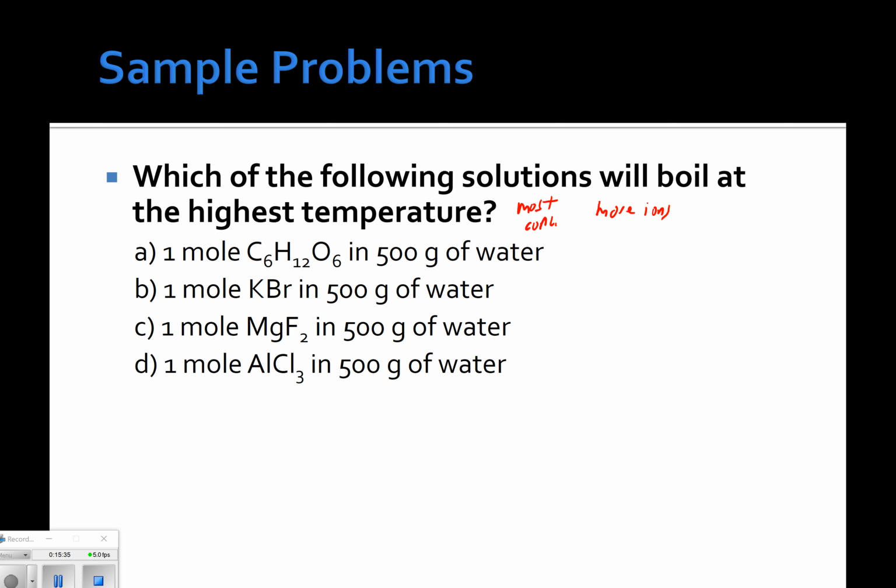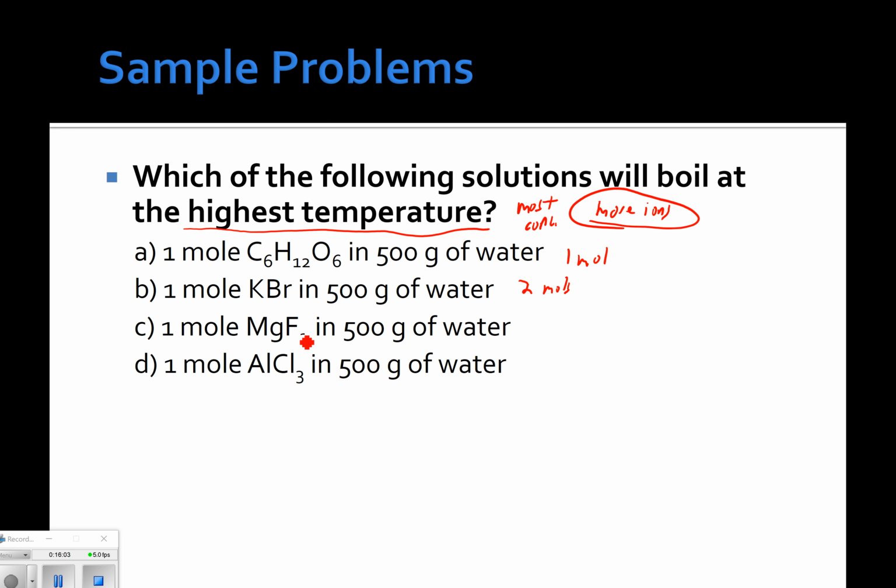So whichever one of these dissociates or breaks up into more ions is going to cause the boiling point to go higher. 1 mole of C6H12O6, this would be glucose. This would only break up into 1 mole. 1 mole of KBr, this is ionic. This would break up into 2 moles of ions.